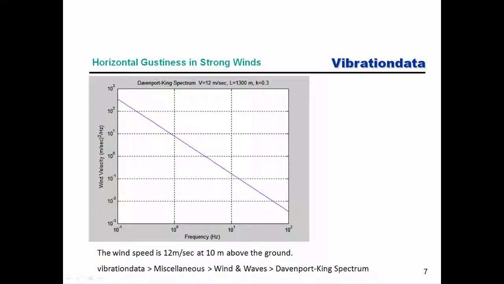We need to consider the possibility of those winds exciting the lateral bending modes of the vehicle. So there are two things we have to look at: the oncoming turbulence, and also the vortex shedding. And this Davenport-King spectrum would be appropriate for taking a look at the oncoming turbulence effect.